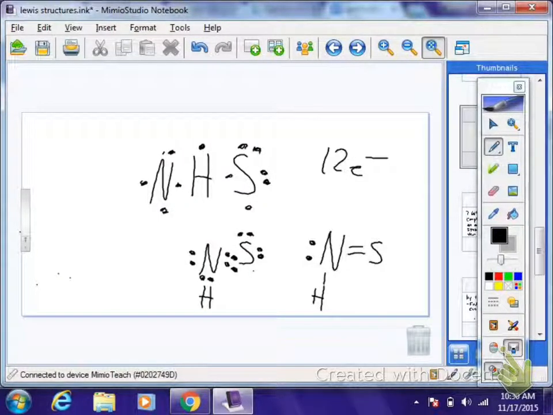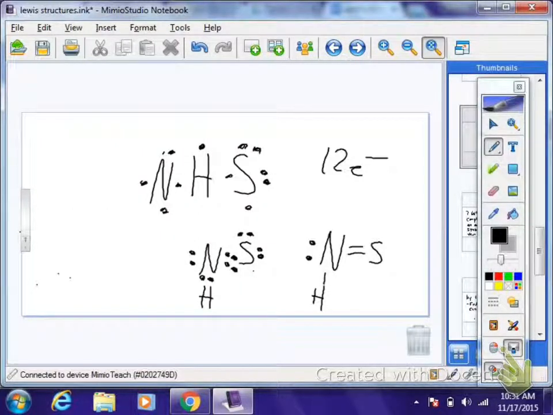Why don't you take from nitrogen that other one? Because if I bring it over, nitrogen will still have 6. If I decide to take this and bring it over here, sulfur would have 10 and nitrogen would still have 6. So I have to pull from a branched atom.